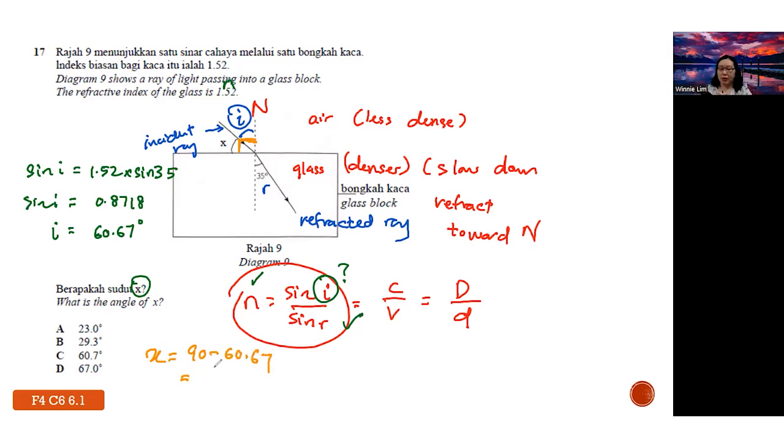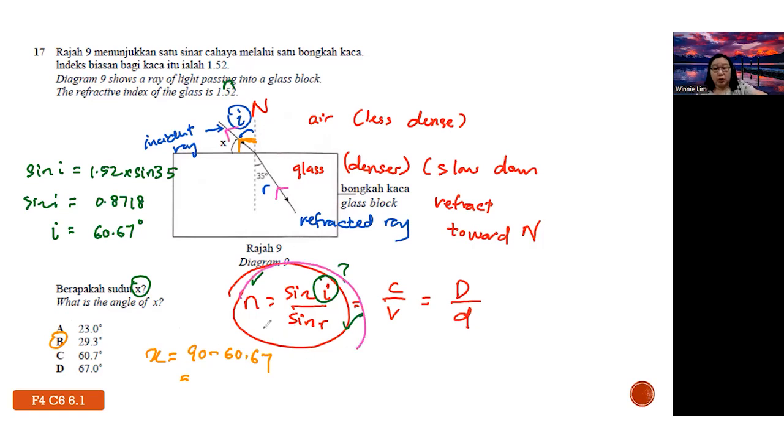So same thing for this question. If you are not aware of the actual location of the incident angle or refracted angle, then you may not be able to find the answer. Another thing to take note of is if the ray travels from a denser to a less dense medium, because light rays are reversible, meaning you can go in the other direction like this.